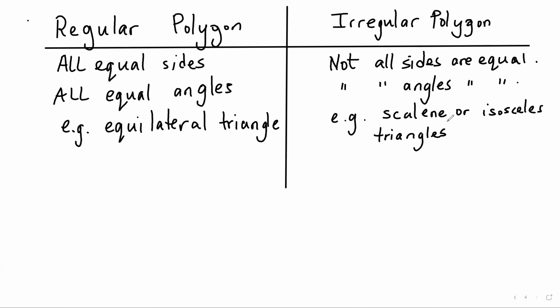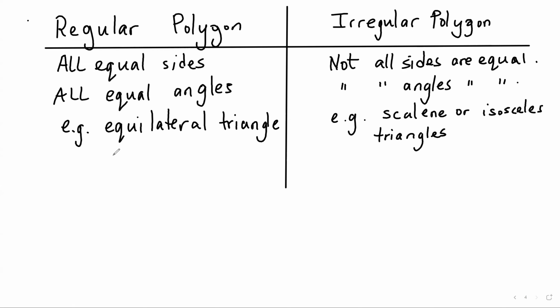What about a quadrilateral? Which one would be regular? Four sides, yes, a quadrilateral has four sides. But which of those quadrilaterals would be considered regular polygons? A square.